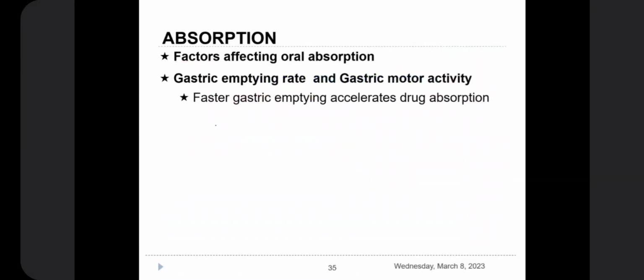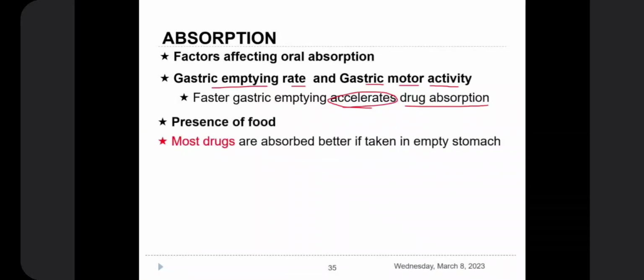Next is the gastric emptying rate and gastric motor activity. Faster gastric emptying will accelerate drug absorption, and this is true for most drugs, especially basic drugs. Next, the presence of food.